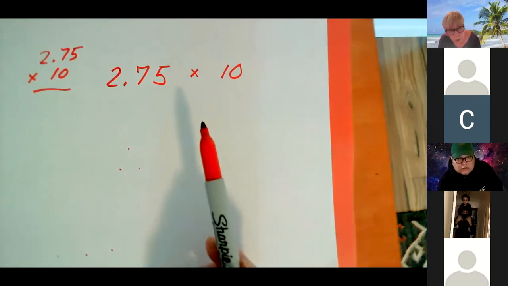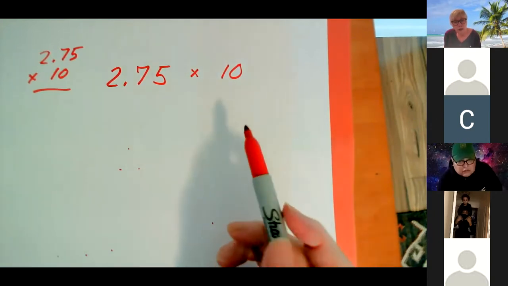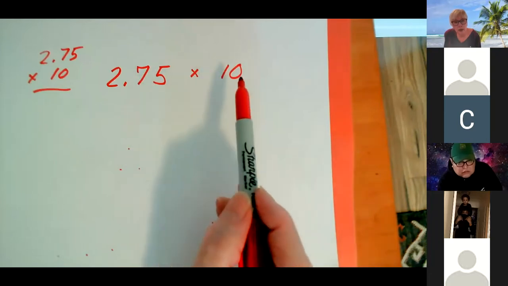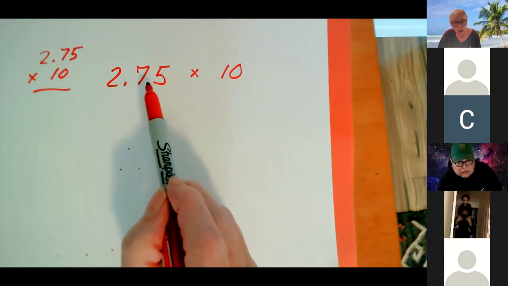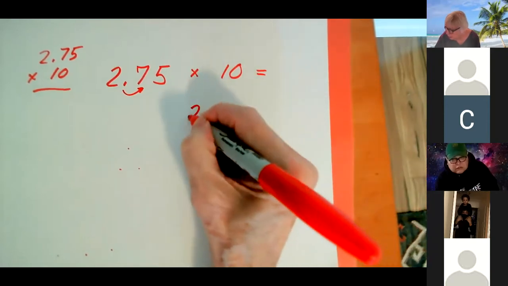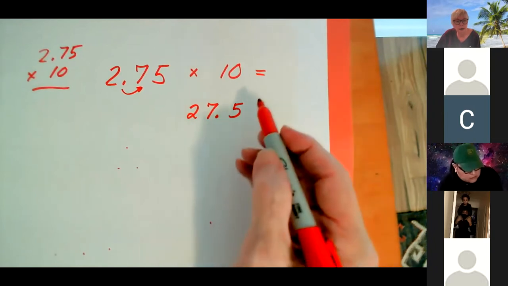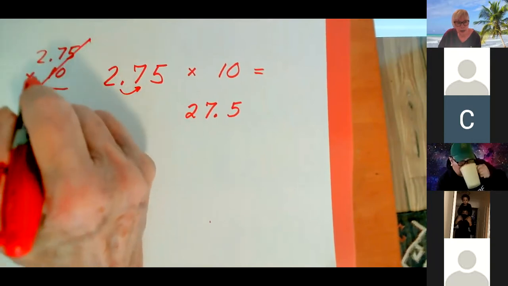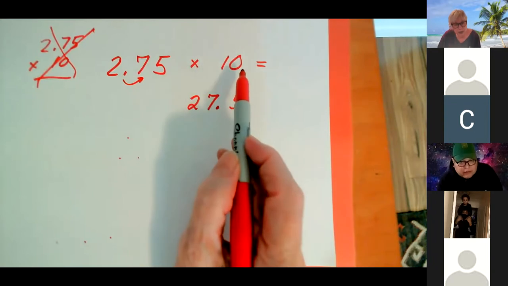And of course, if you're from somewhere else, you're used to the metric system. But in this country, we've been really slow to get on board. This, when you multiply by 10, shifts the decimal point one place to the right, making it larger. This is 27.5, 27 5/10. And so you don't have to fuss, you don't have to waste good time. And I don't want you to waste good time. I want you to realize this is the case.